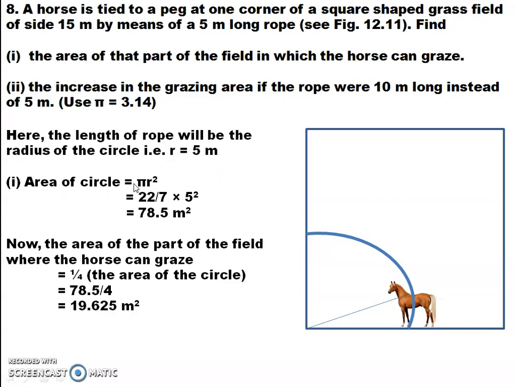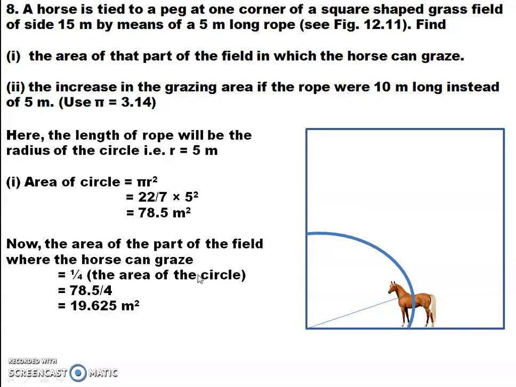Area of the circle is equal to pi r square, 22 by 7 into 5 square, 78.5. You can see it is a quadrant. The grass in the quadrant can be grazed by this horse. So as discussed previously, we can do area divided by 4.